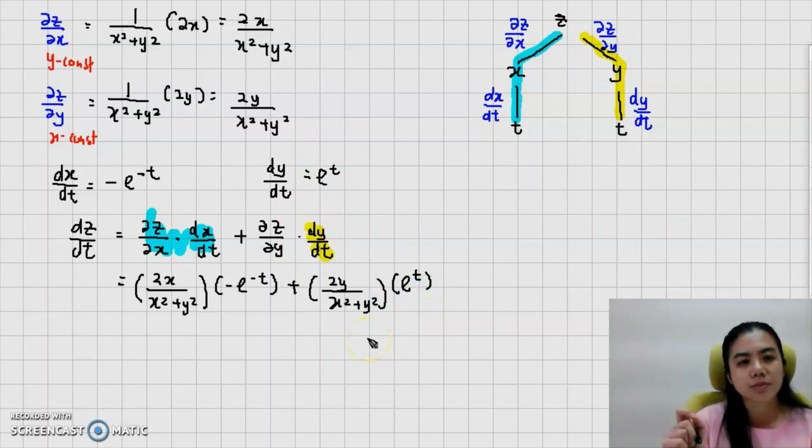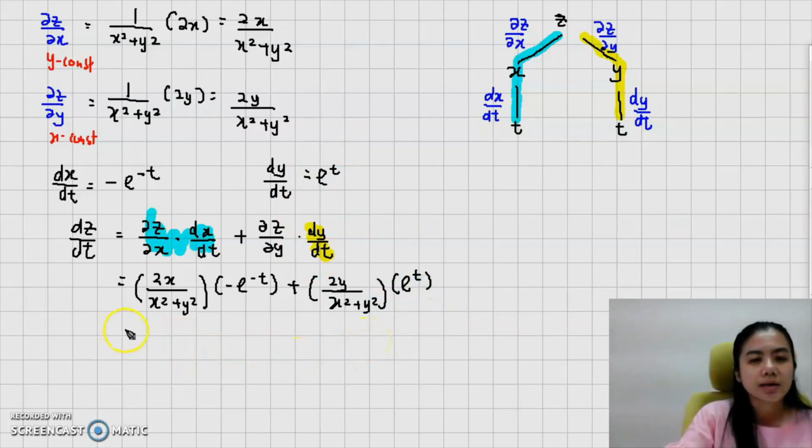Basically I've just done the substitution. Then you can see that I have things in common that I can factor out: I have a 2, and I have x squared plus y squared in both terms. So why don't we just factor out the things in common? You will see I basically have this.